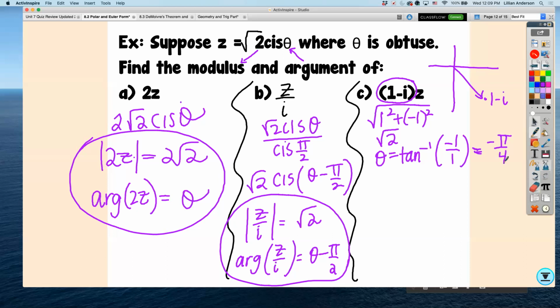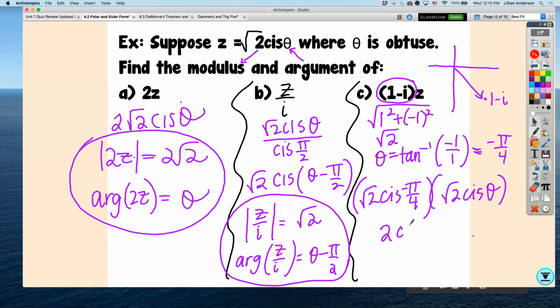So 1 minus i, that is actually rectangular form being multiplied to a polar form. So I need polar form times polar form. So I use root 2 cis negative pi/4. So in that way I can multiply it to root 2 cis theta. What's root 2 times root 2? 2.